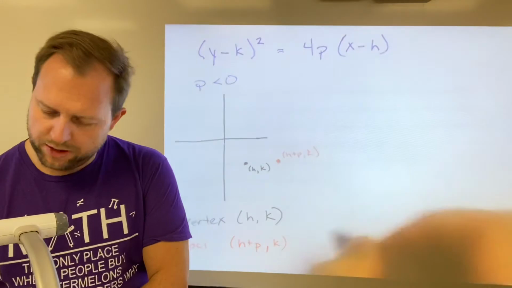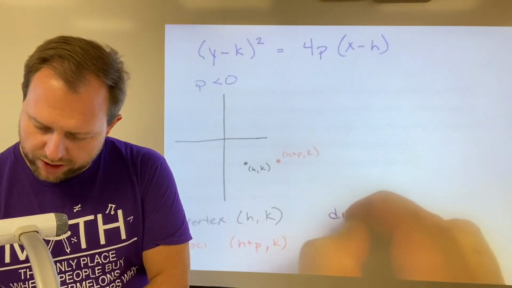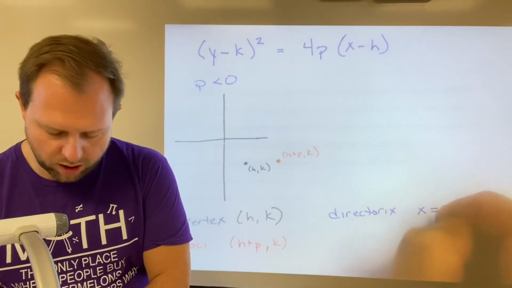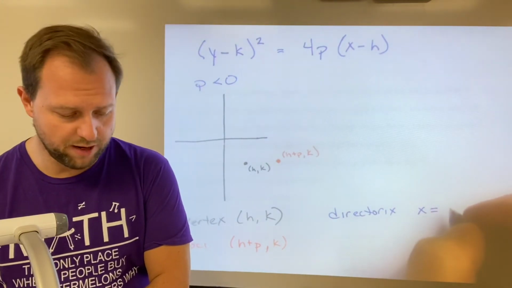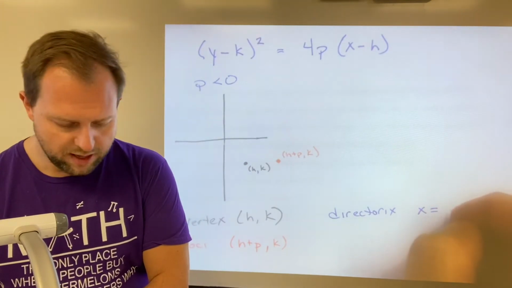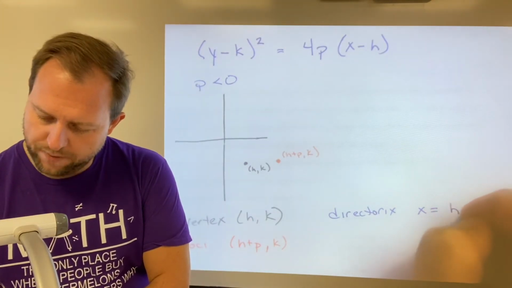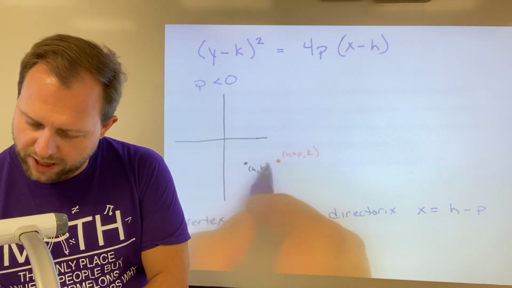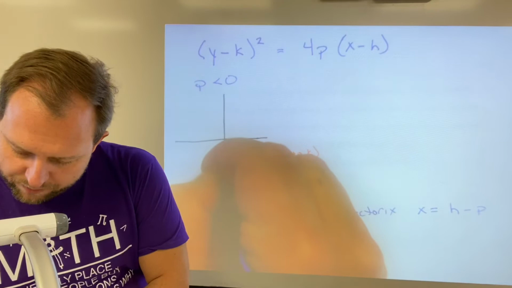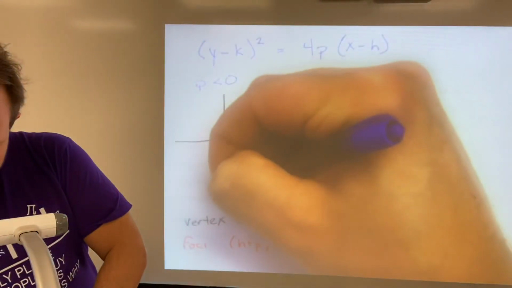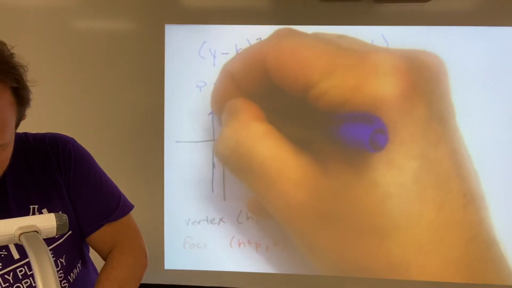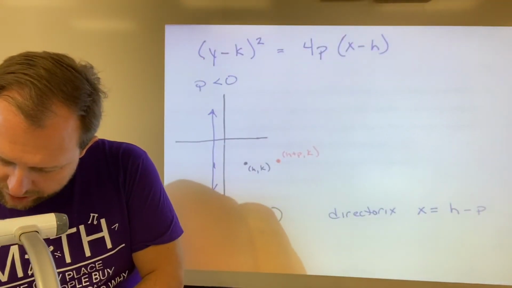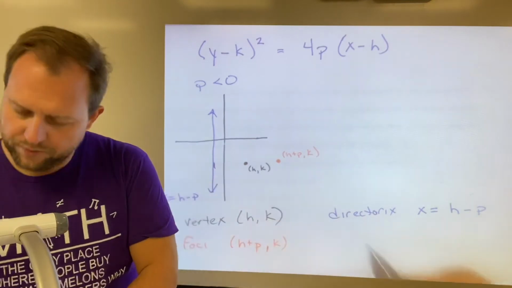And we're going to end up with the directrix in the opposite direction. Our directrix is going to be x equals, instead of y equals now, because we're flipped sideways, x equals h minus p. So as far as we came over to the right for the positive, we're going to come back this way to the negative. So our directrix is going to be right there: x equals h minus p.